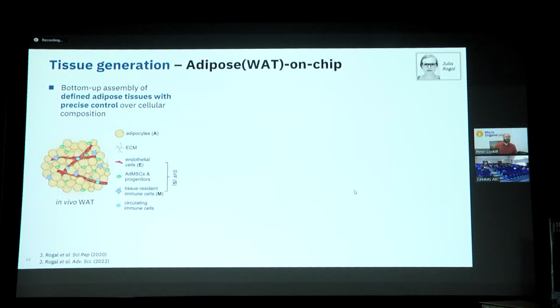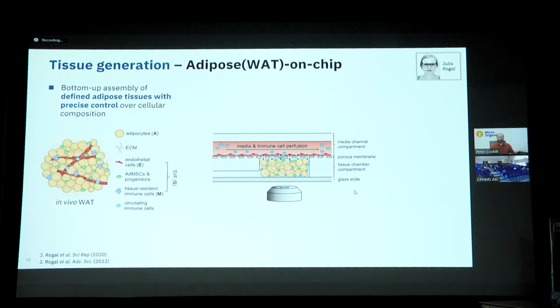As I mentioned, we can isolate all of these different cell types from adipose tissue, because adipose tissue is not just adipocytes. It's really a complex mixture of cell types, including the endothelial cells, the progenitor cells, the tissue-resident immune cells, and the circulating immune cells. So we isolate all of them from a biopsy, and then we bring them into a chip. And this is the adipose chip.